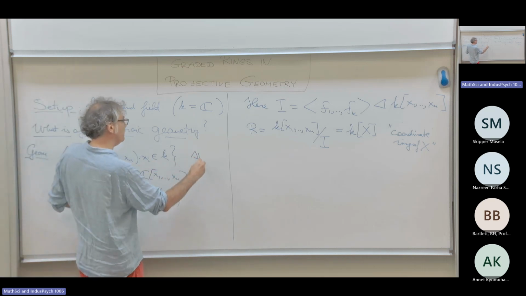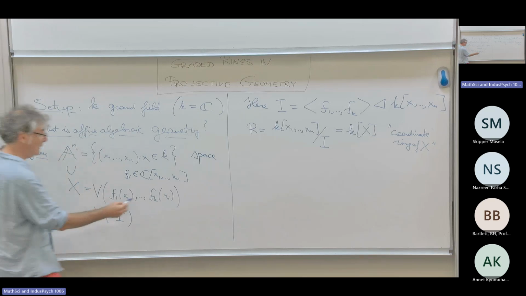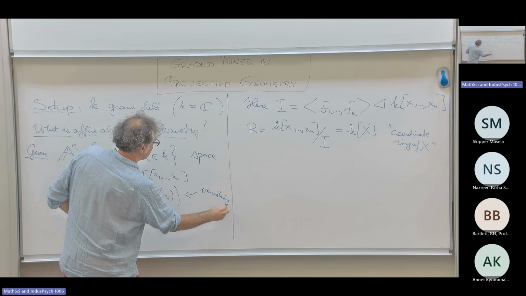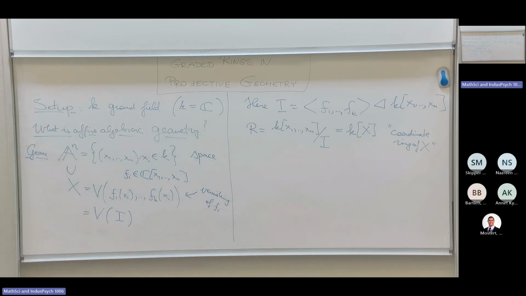This is some space, and this is some subspace, given by the vanishing of some equations, the vanishing of the f_i. And then we create all this algebra.